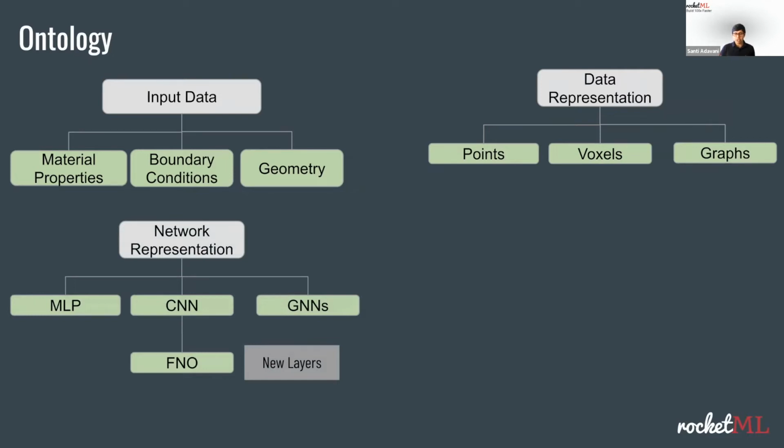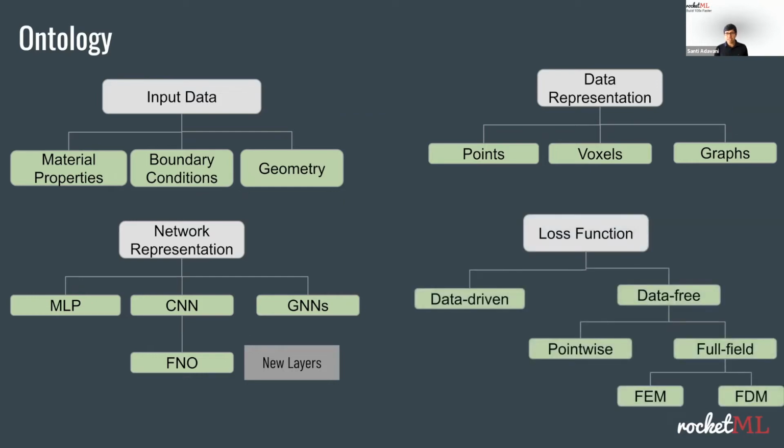It's actually a new layer that is used as part of a CNN. So it's a different idea, right? But it stays somewhere down in the hierarchy of complexity. And last but not least, the loss function itself, right? So there is a data-driven loss function, data-free, and within data-free, there is pointwise, full-field, and there's a whole hierarchy.